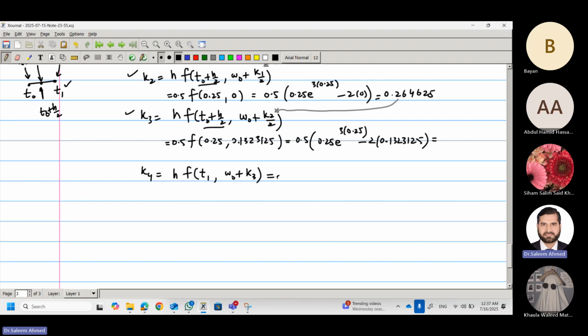So now H is 0.5. F of T1. T1 is the next point, which is 0.5, not 0.25, right? And W naught was 0 plus K3. K3 is this, just coming from here.